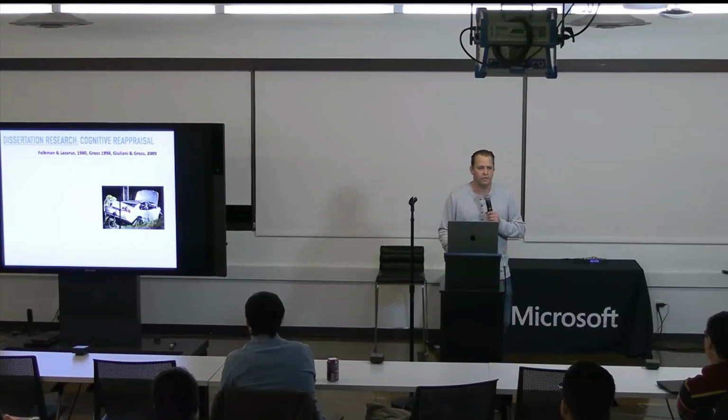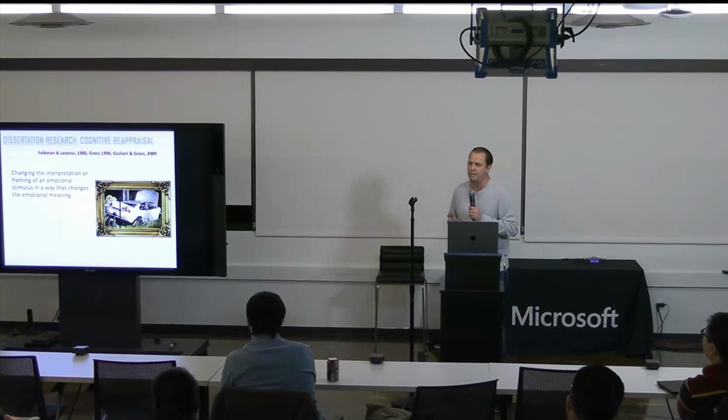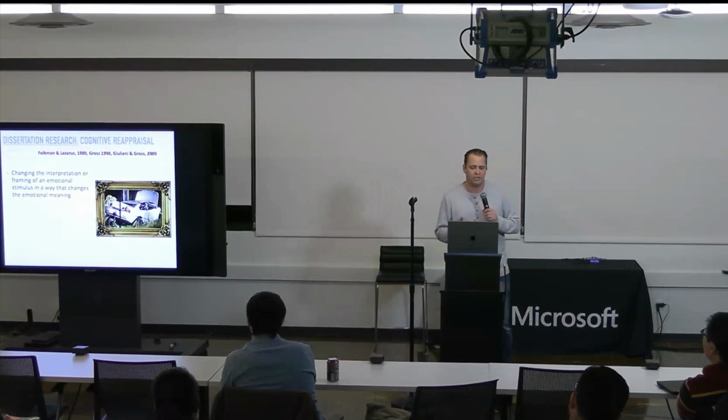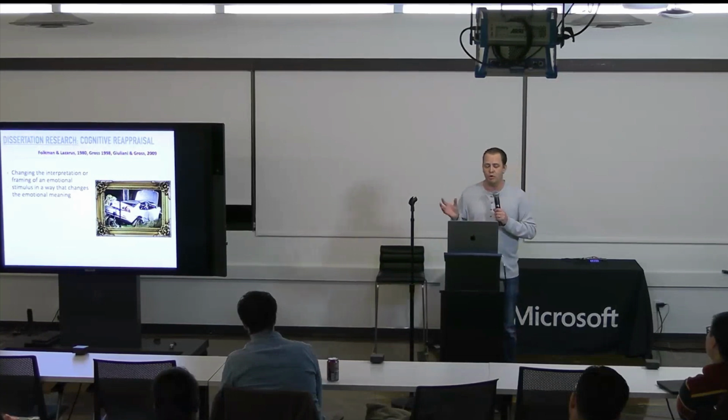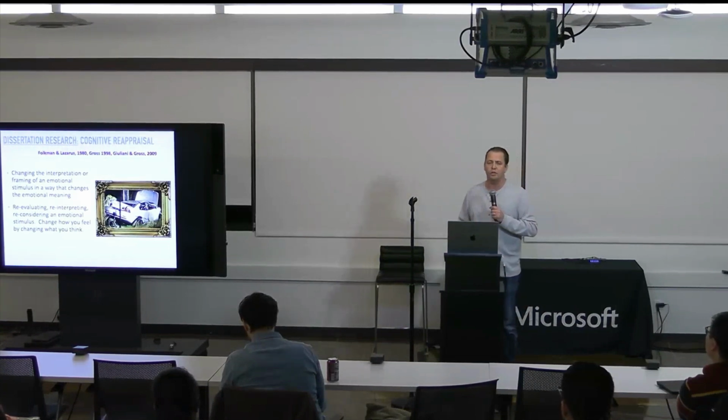It probably induces some negative emotions in the percipient. And the task then with cognitive reappraisal is to try to change the way you feel about this image by changing how you think. So you want to change or reframe the interpretation. You want to change the emotional meaning by thinking about the image in a different way. So this is a process of reevaluation or reinterpretation, reconsidering the emotions of the stimulus.